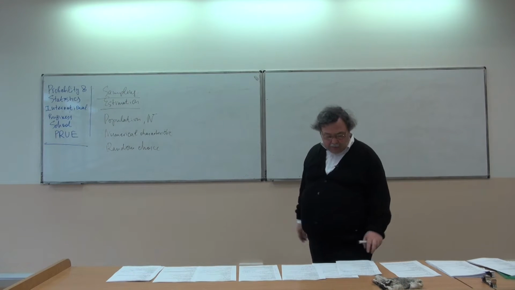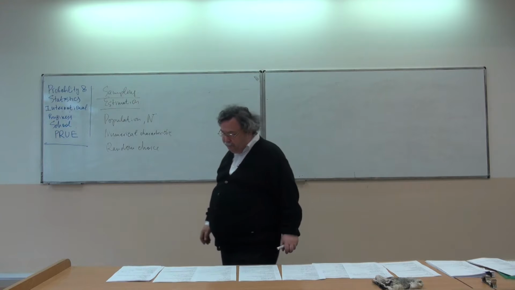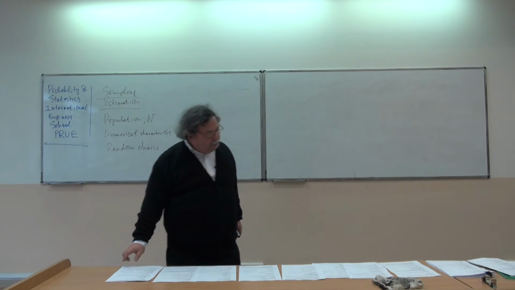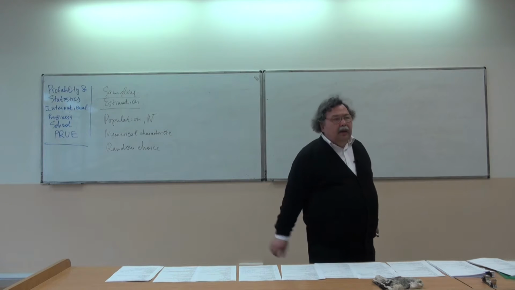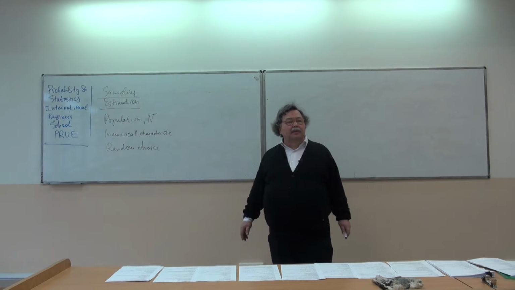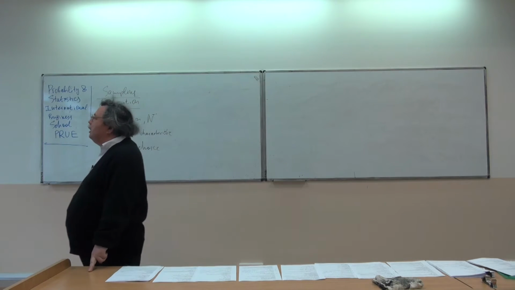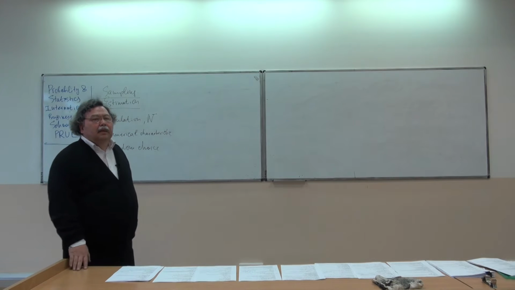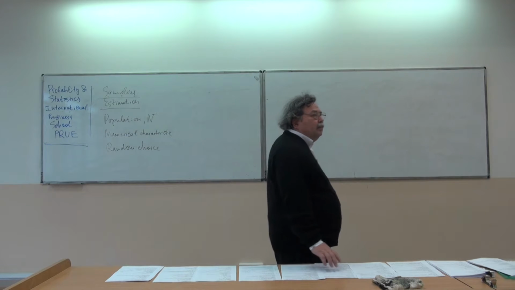This is called random choice. Because each member possesses a certain value of the characteristic, and because we perform this random choice, we create in this way a random variable, okay?